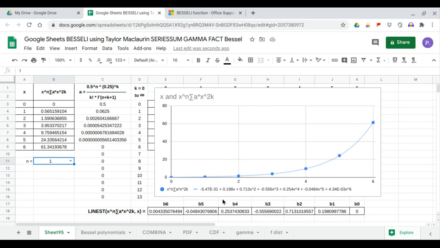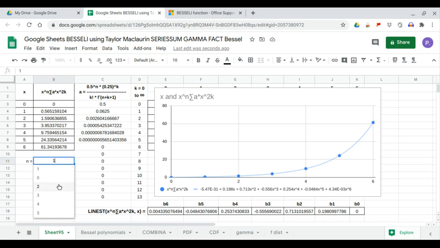At n equals 1, we have the Taylor polynomial of the Bessel I function. This is 0 because it's very small. B1 is 0.198, B2 is 0.713, B3 is 0.556, B4 is 0.253, B5 is negative 0.0484, and B6 is 4.34 times 10 to the minus 3.